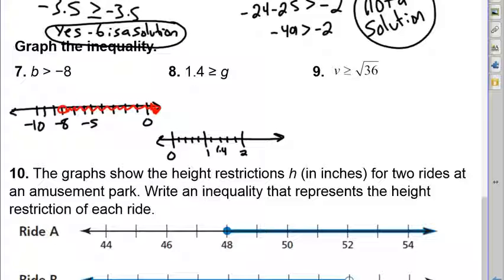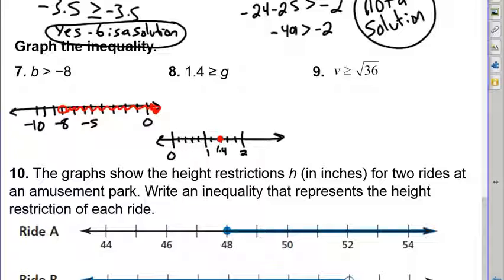Because it can equal g, I'm going to use the solid dot at 1.4. And it says 1.4 is greater than g. One common mistake I see in graphing inequalities is that if they see this greater than sign, they just automatically shade to the right. And that's not the case, like it was in number 7.